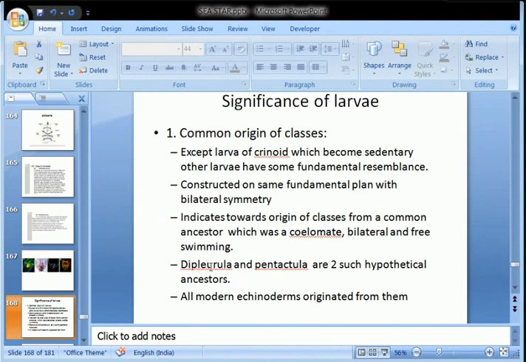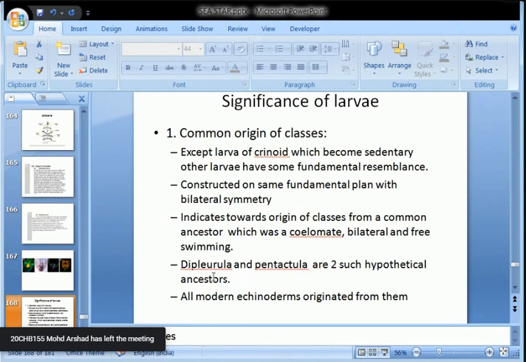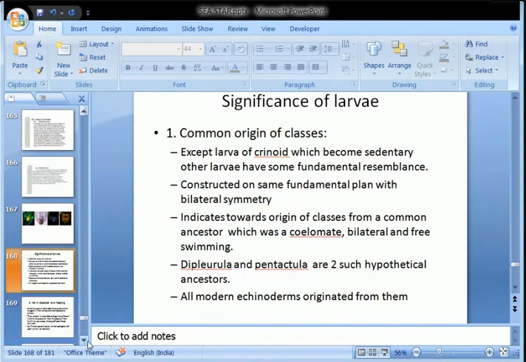Then these diplurula and pentactula are two such hypothetical ancestors, which millions of years ago they appeared, and then they gave rise to this line of development and these echinoderms. And all these modern echinoderms have originated from these ancestors, which are named as diplurula and pentactula.